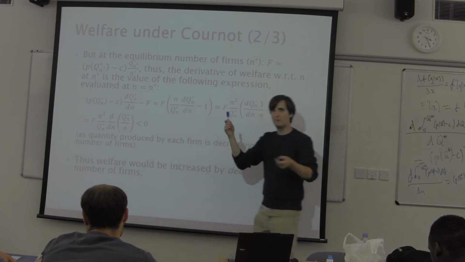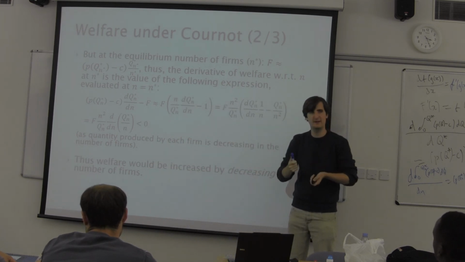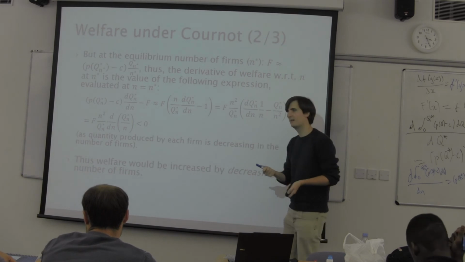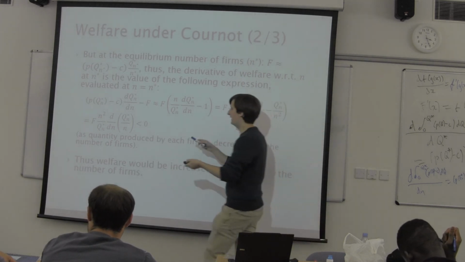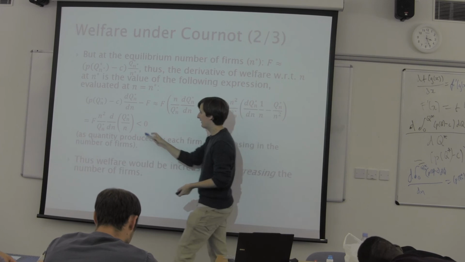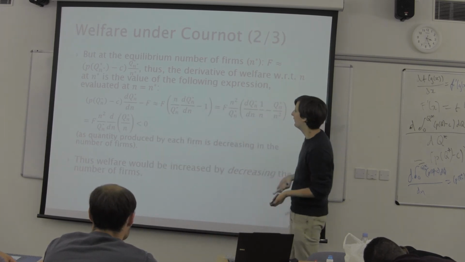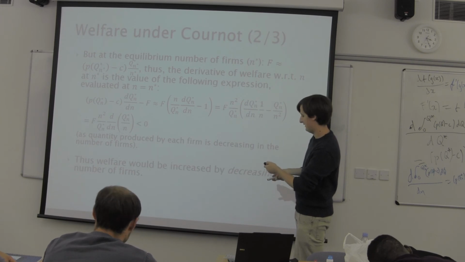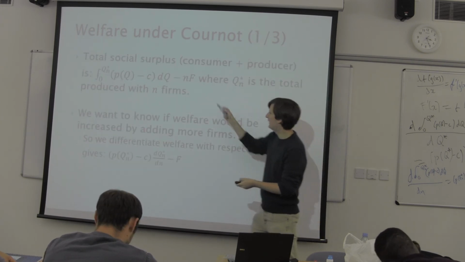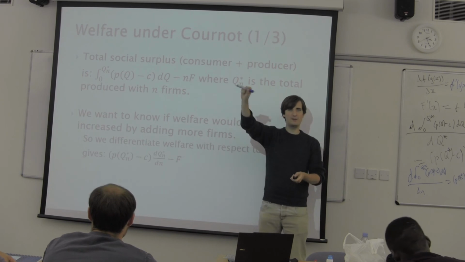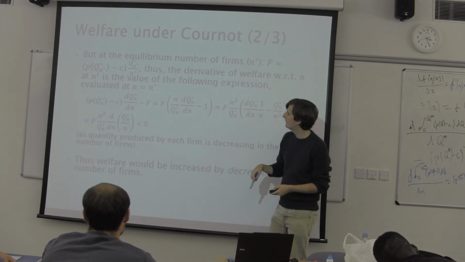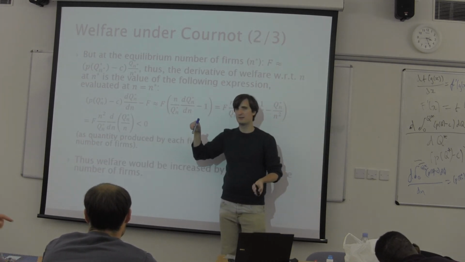As you add more firms, the quantity produced by each firm has to go down. You can show that if you wanted, but it's just obvious. So this thing has to be negative. The conclusion of all of this horrible maths is that as you increase the number of firms, welfare decreases.